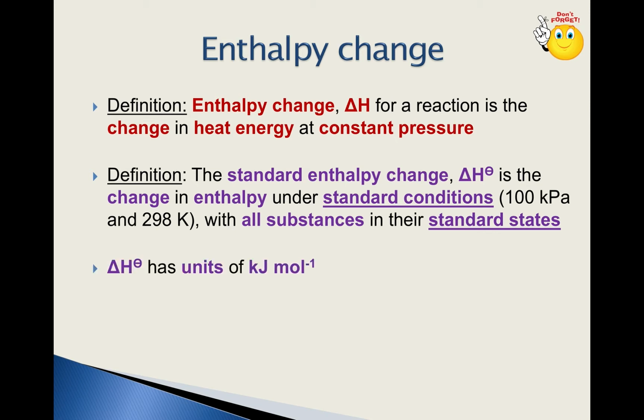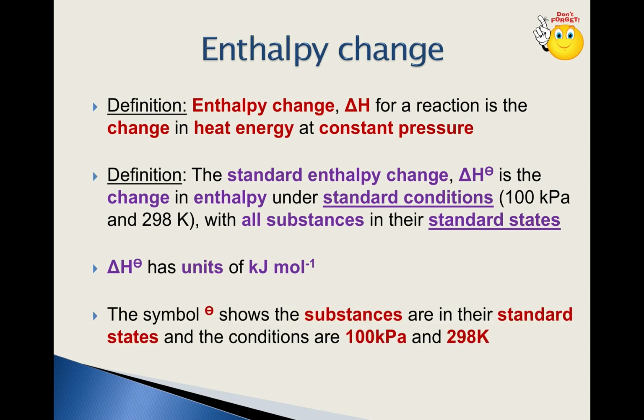The standard enthalpy change has units of kilojoule per mole, and the little planet Saturn sign, as I've pointed out, indicates that the substances are in their standard states and that the conditions used are standard conditions, which are 100 kilopascals and 298 Kelvin.